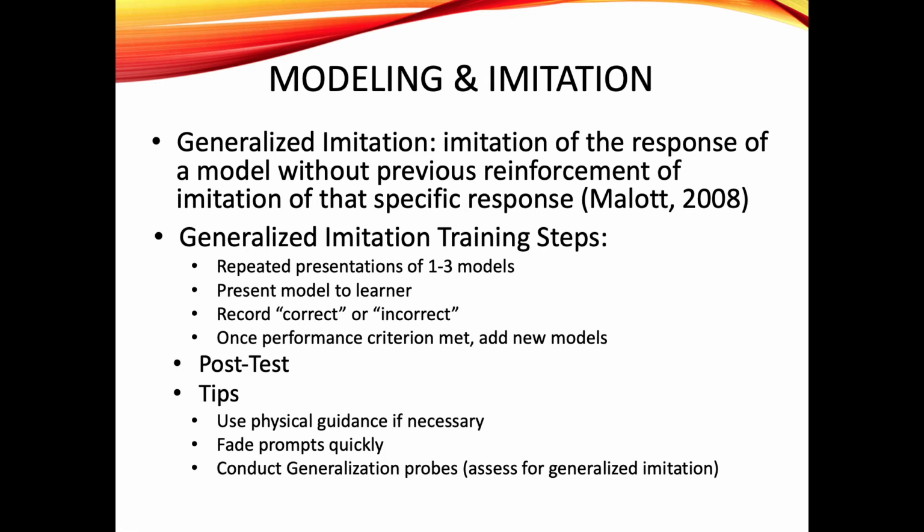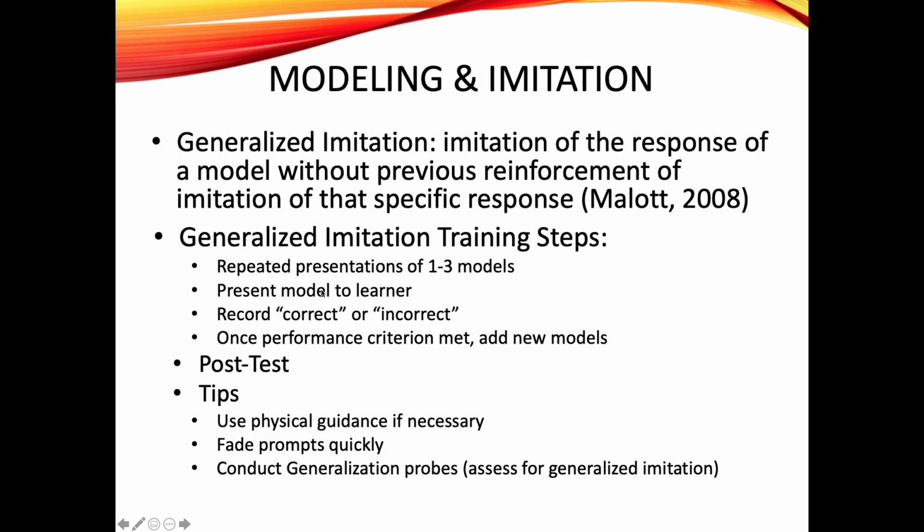So for some individuals who don't have imitation in their repertoire, we have to train or teach it. And the general steps, without getting into the weeds on this, would be you want to select some models and repeat them, present them like one through three models, something to that effect.